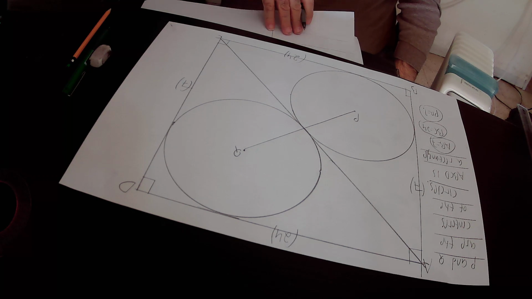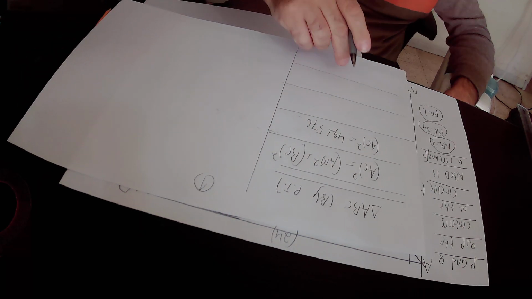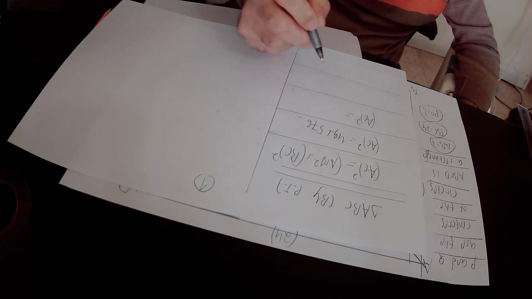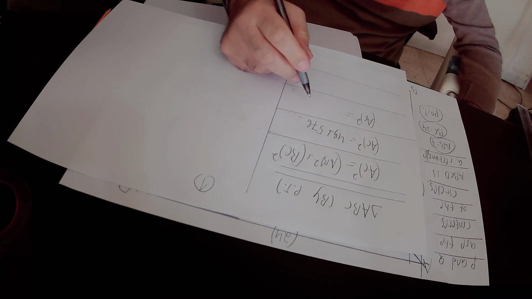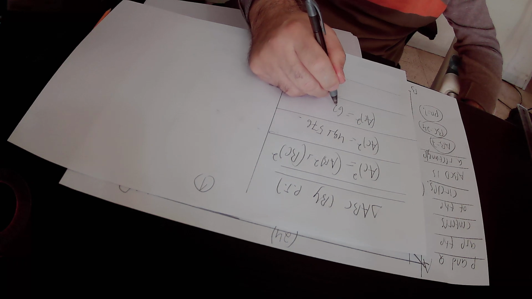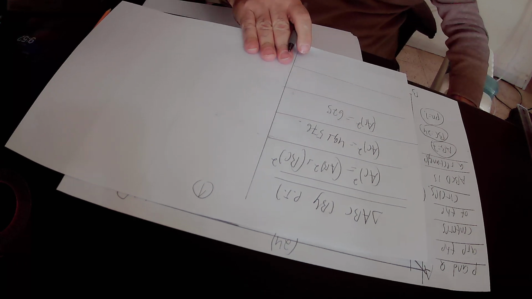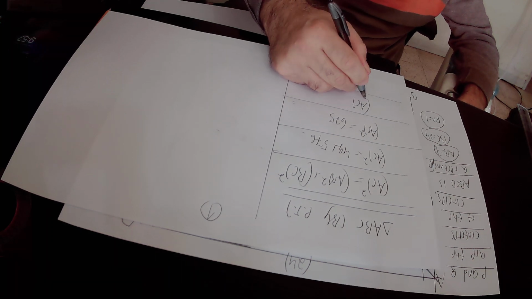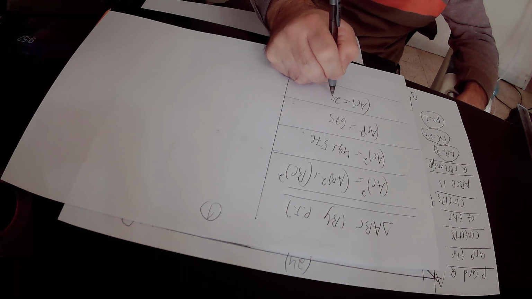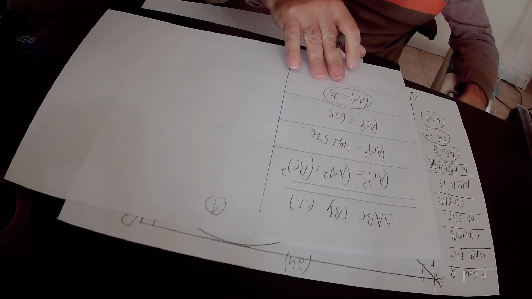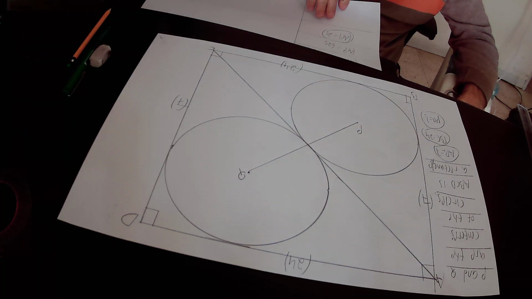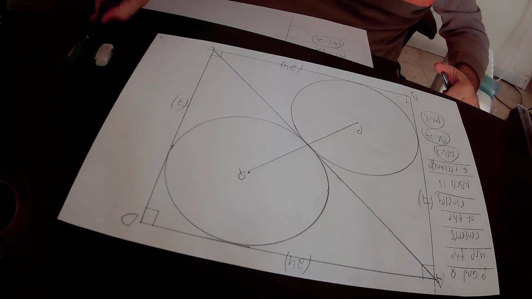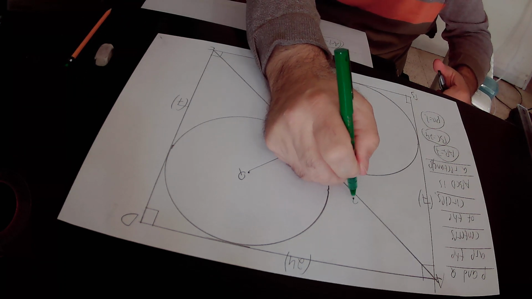So, in conclusion, AC square equals 49 plus 576, which is 625. We take the root of this equation, and we get that AC equals the square root of 625, that is 25. So we found that the length of the hypotenuse AC is 25 units.